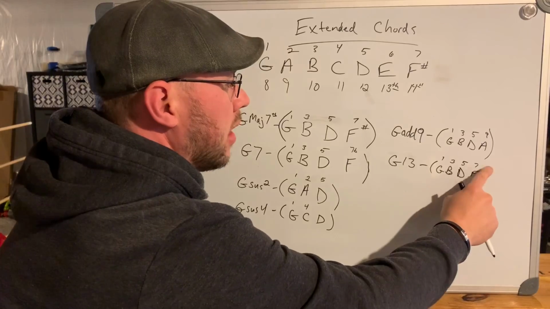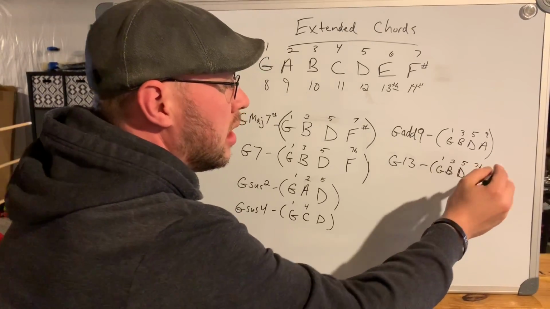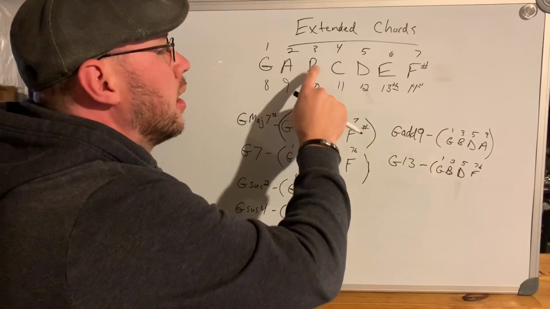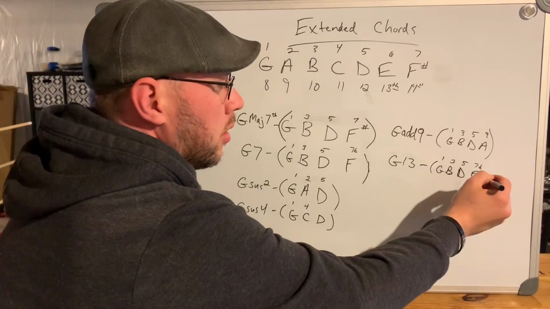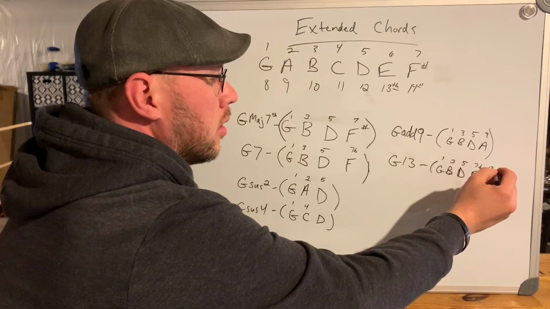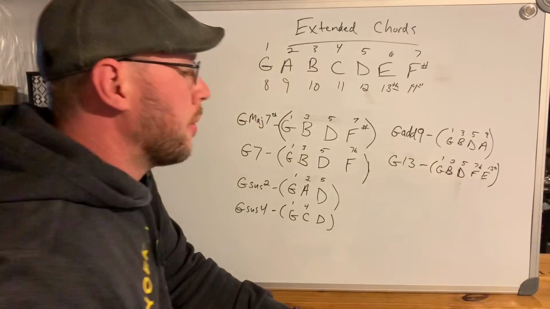Actually, it's going to be a flat 7. We're going to flatten it. You got a bluesy sound, and then you would add, so you got 7, 8, 9, 10, 11, 12, 13. You'd add an E note in there. It'd be your 13th.